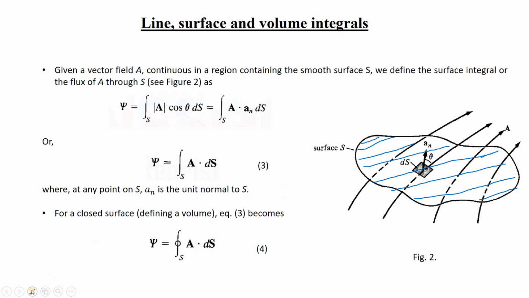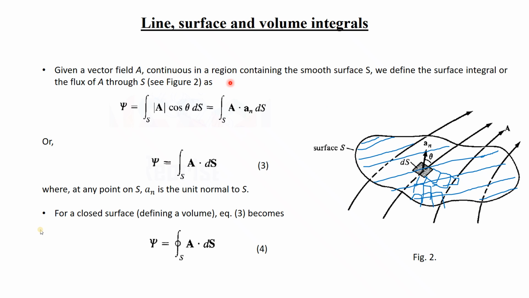Now we will divide the total surface into small segments like this. This particular surface is not flat, it is curved, so we will get a surface like this. It will be bent, it will be curved, whatever, but we will assume that it is divided into small segments.